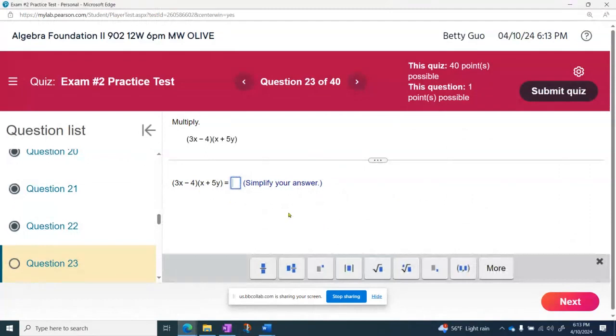So we have 3x squared, be very careful, 3x squared plus 15xy minus 4x minus 20y.